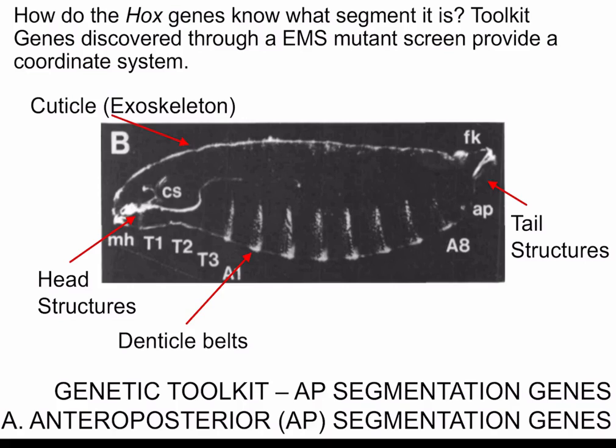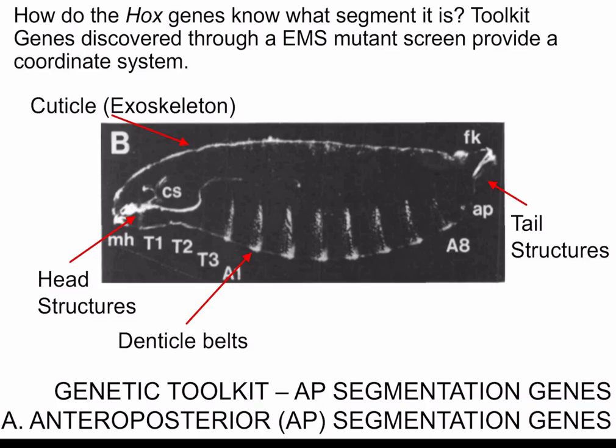Furthermore, we know that the way Hox genes determine the identity of segments is that, first of all, they're expressed in the segments whose identity they control. So the genes are being transcribed, and there's mRNA, and that mRNA is translated into protein. Second, these proteins encoded by the Hox genes are in fact transcription factors and contain this part of the polypeptide sequence called the homeodomain that binds DNA.